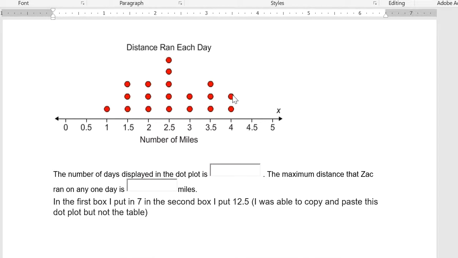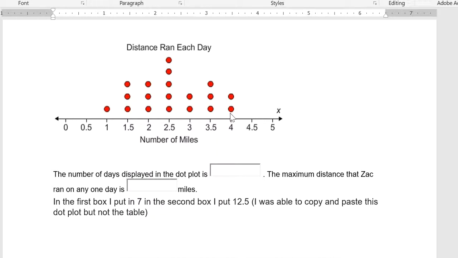And the reason why is at the end of the day, Zach writes down how much distance he ran. If he only ran 1 mile, he marked it here. If he ran 2 miles, he marked it here. If he ran 3 miles, he marked it here. And then all of these other places. So the maximum distance in one day is 4. So that's the most he was able to run in one day.